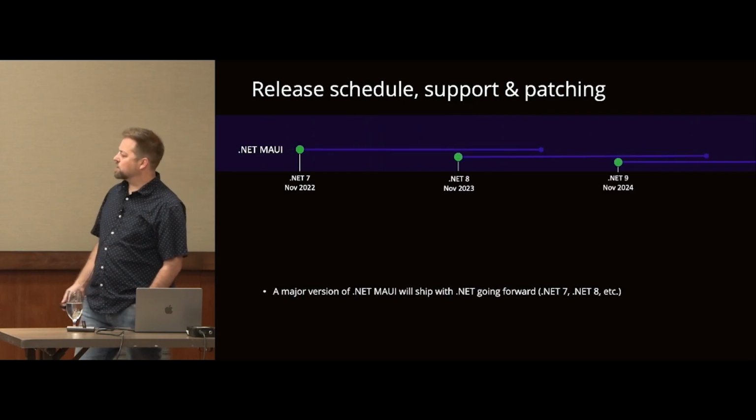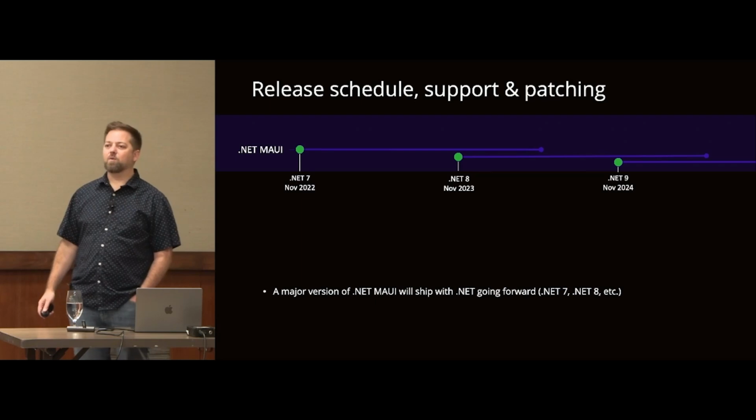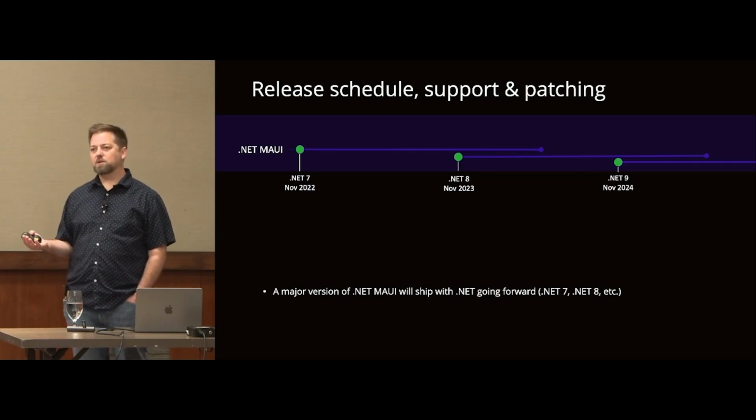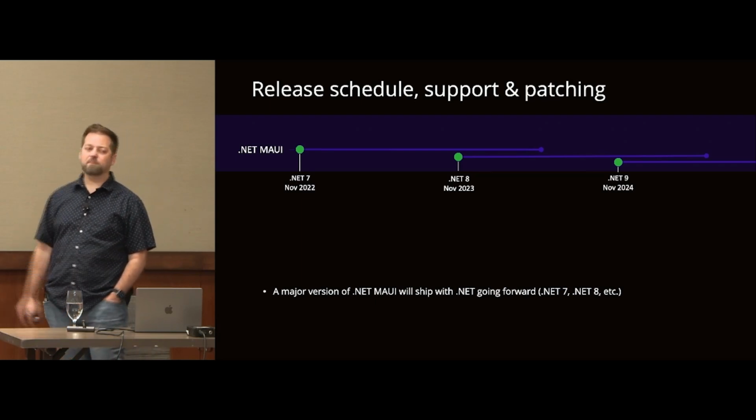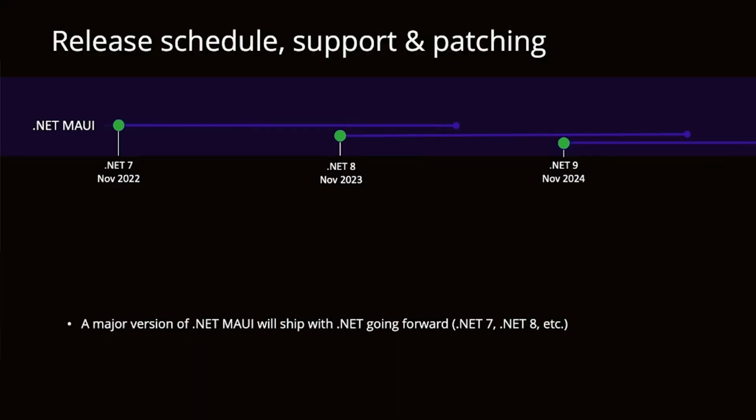In terms of our release schedule, MAUI ships every .NET. We're part of .NET. We do ship as an optional workload because that's just the mechanism of shipping, but we're .NET. So we ship every year. We ship with the workloads, and every year you get 18 months of support for that release.